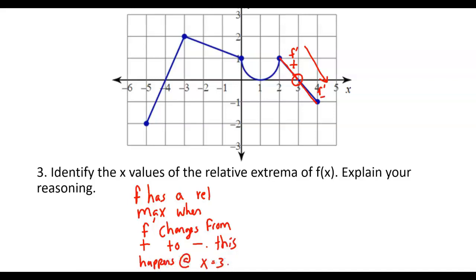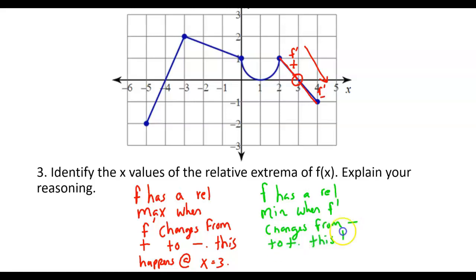Okay. Conversely, f has a relative min when f prime changes from negative to positive. So where does that happen?